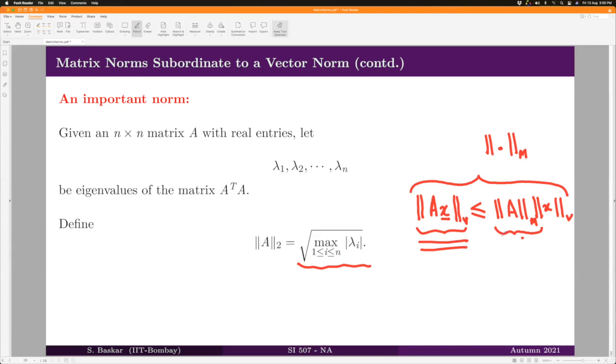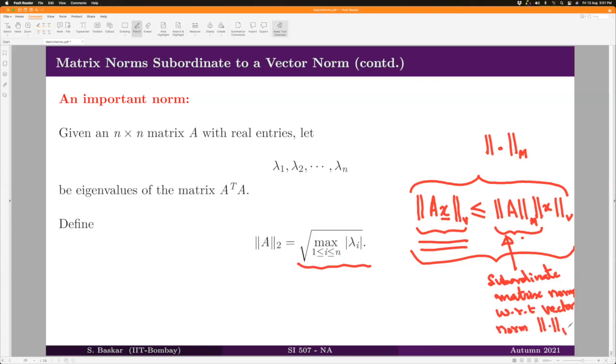And what is the advantage of working with them is that such norms will satisfy this inequality. And this inequality is crucially used in all our results. Such a matrix norm is called the subordinate matrix norm with respect to the vector norm given by this symbol.